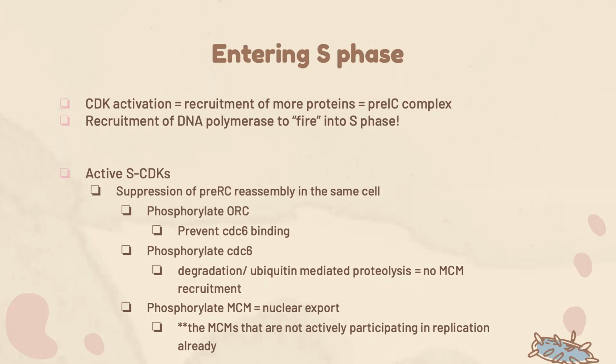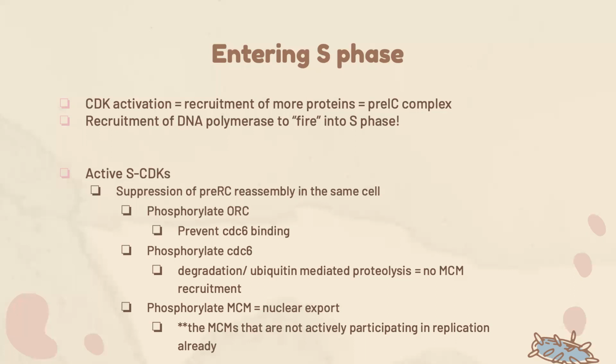If you already started replication once, you definitely don't want to replicate again, because the more replication you have, the more likely your probability is for DNA damage, replication errors, mutations, all that jazz.